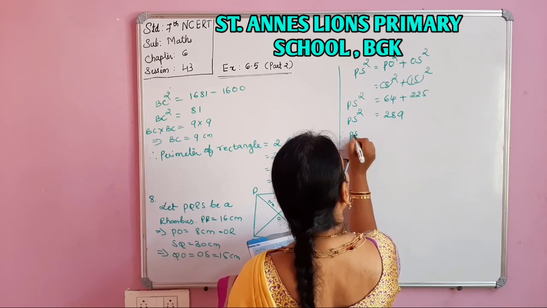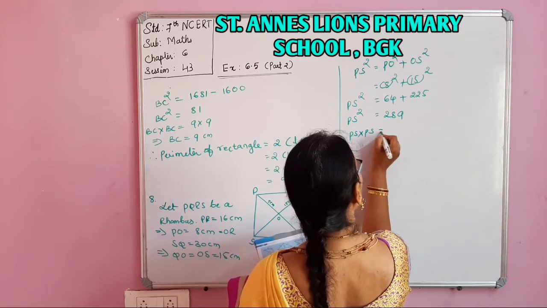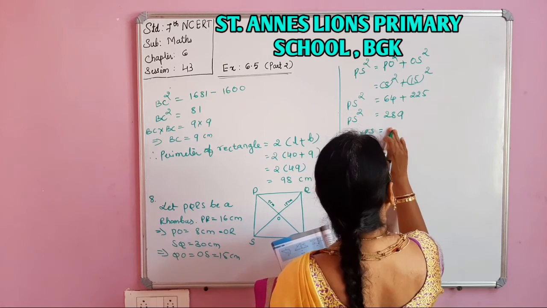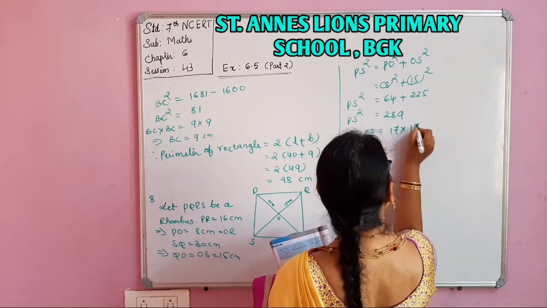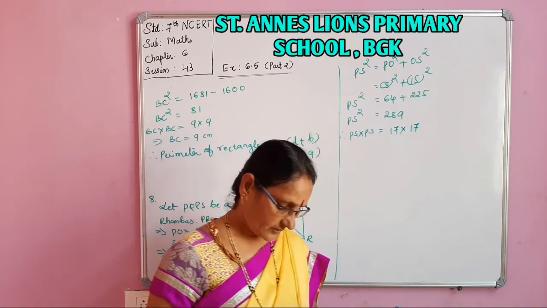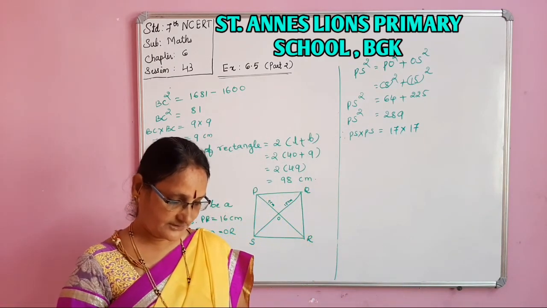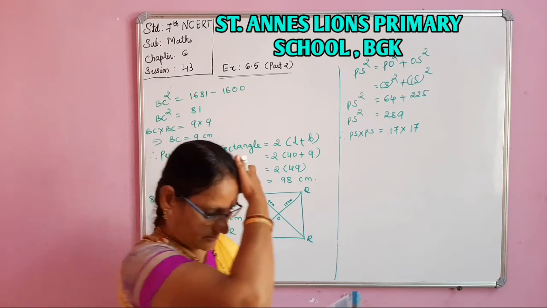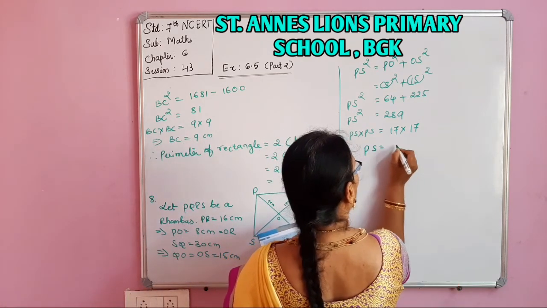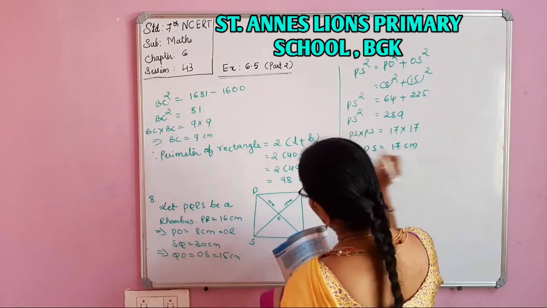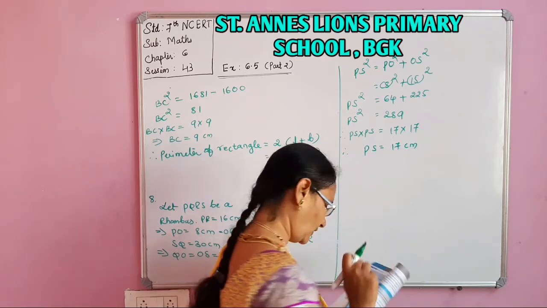So PS into PS is equal to 17 into 17. Therefore, PS is equal to 17 centimeter. This is the 17 we got now.